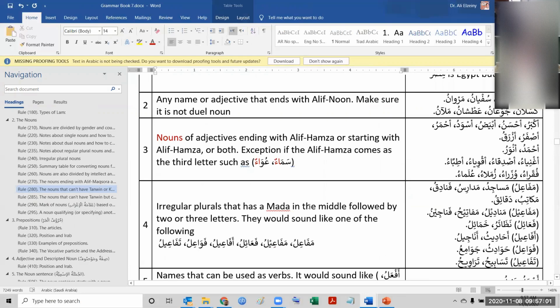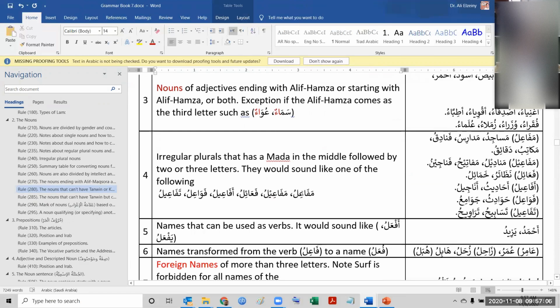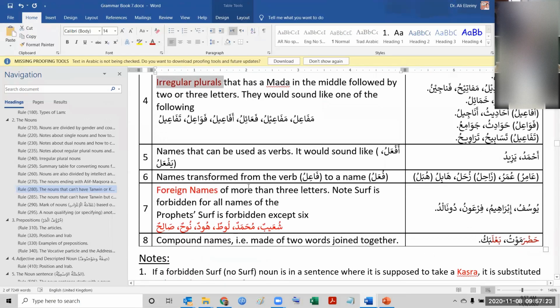Hizam doesn't have alif lam, alif hamza. This is for irregular plurals, so حزام is not an irregular plural, it's not a plural at all, whether regular or not. It does not sound like أفعل, يفعل.